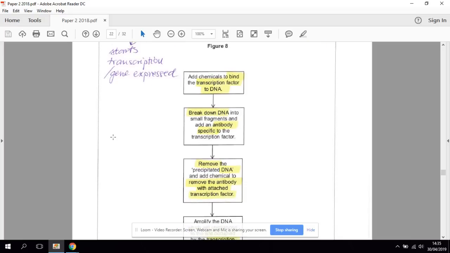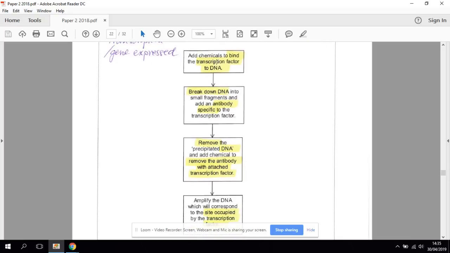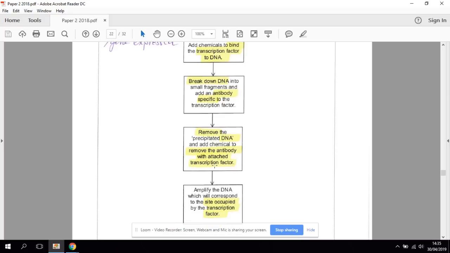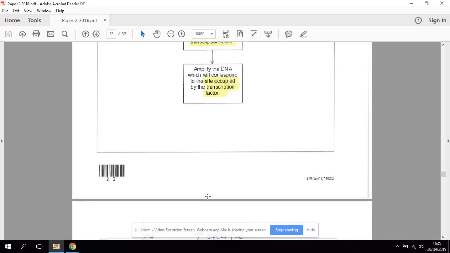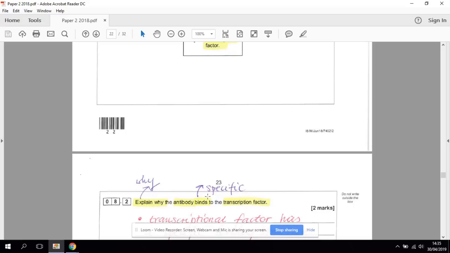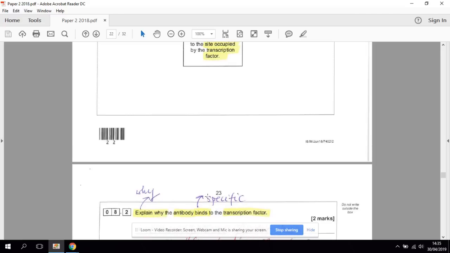So figure 8: chemicals bind, breakdown of DNA into small fragments, and add antibodies specific to this transcription factor, remove the DNA, and then finally we've got the transcription factor involved. What the question's asking for is to explain why the antibody binds to the transcription factor. So what's the antibody? Of course, it's a protein, so specific.